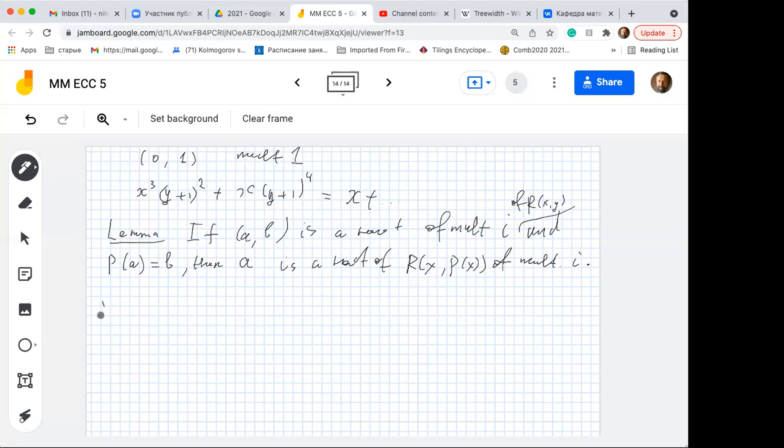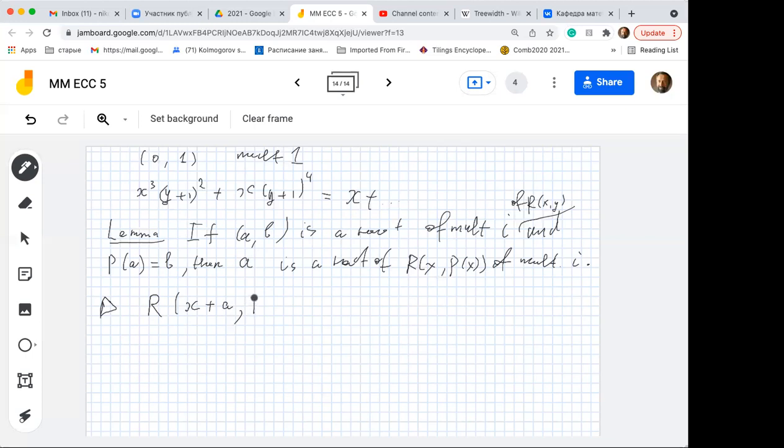And this is proved just by mere substituting. To find the multiplicity of that root, we need to substitute x plus a in our polynomial for x.